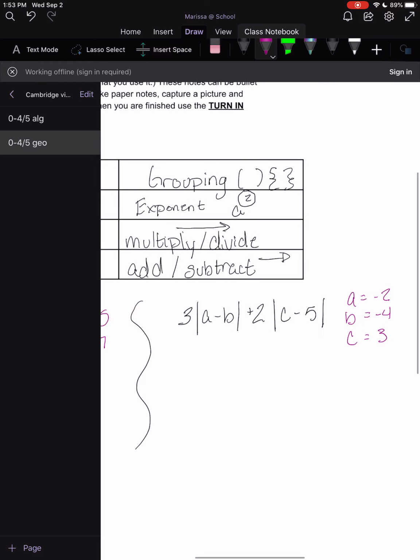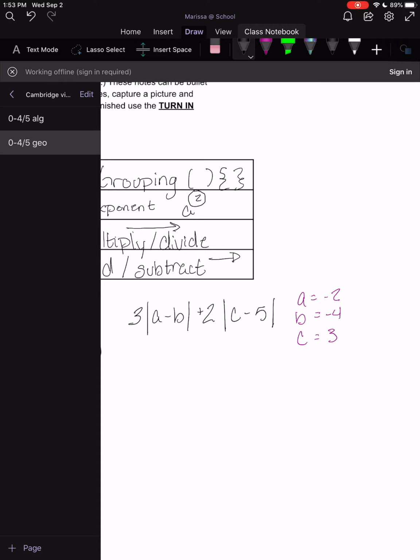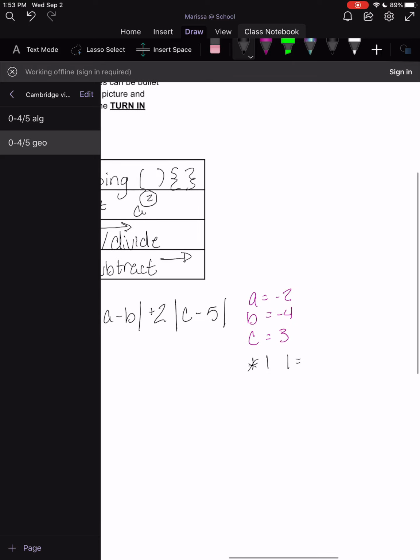So there's a few things that you need to know about absolute values if you don't remember. I'm hoping you've seen these before, but in case you haven't, that's okay. So the absolute value is those lines. Those lines mean absolute value. They mean whatever is inside them is positive.